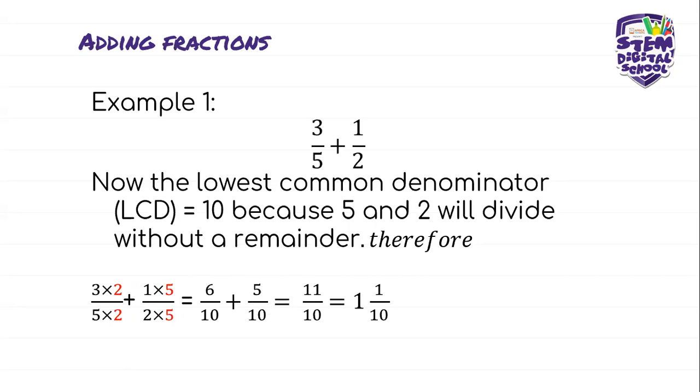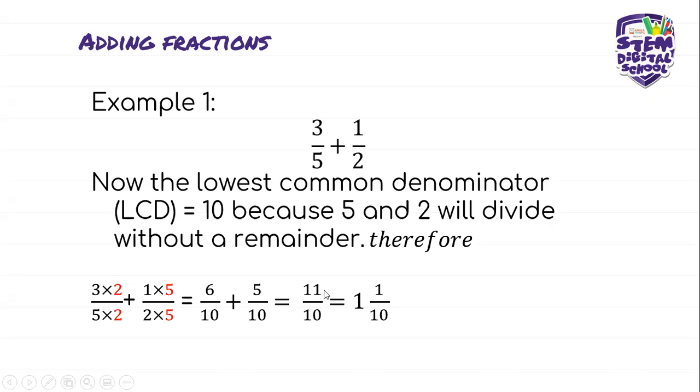Now at this point, you can see that the denominators are the same. And when the denominators are the same, all that you need to do is to add the numerators. The numerators in this case are 6 and 5. So you will say 6 plus 5 is equal to 11.